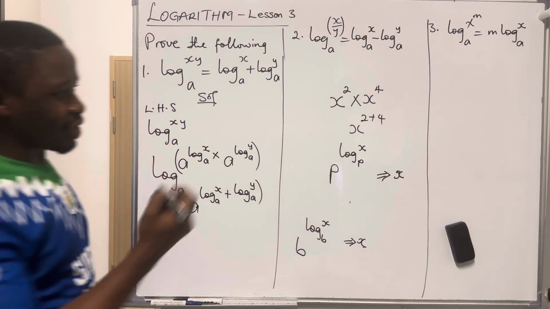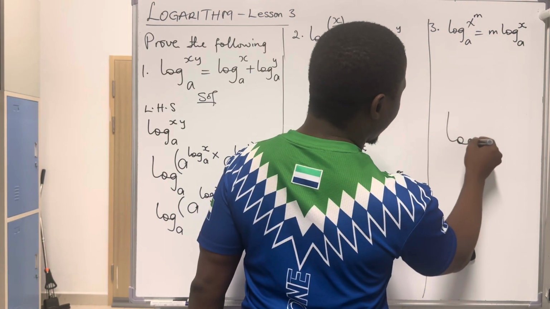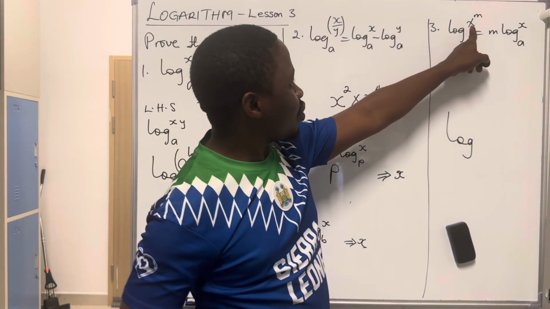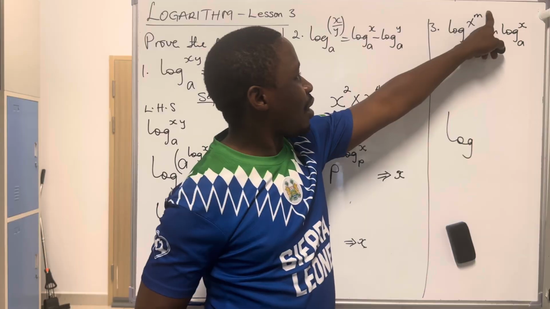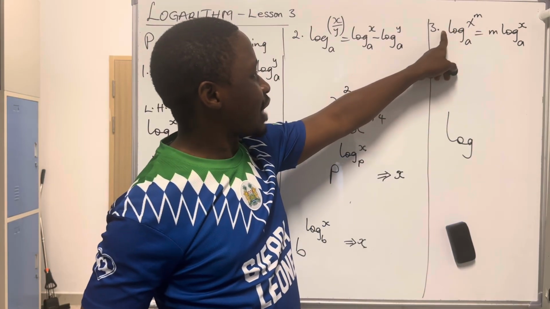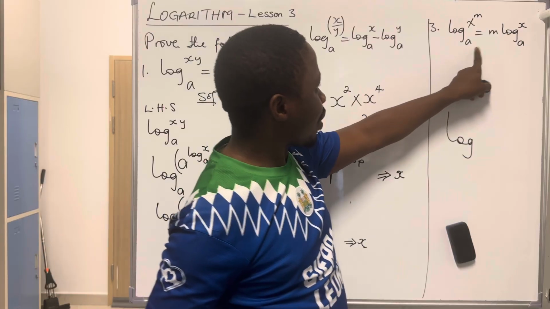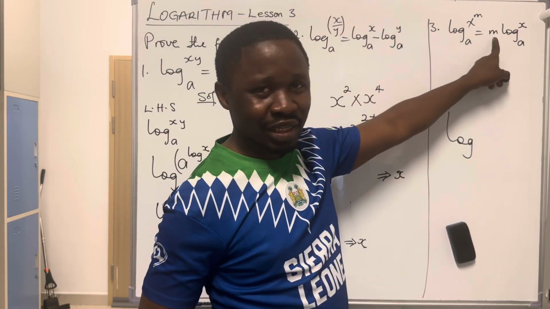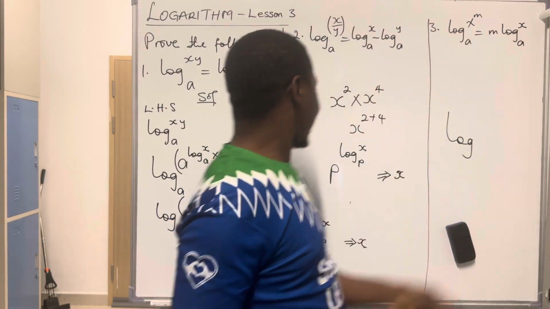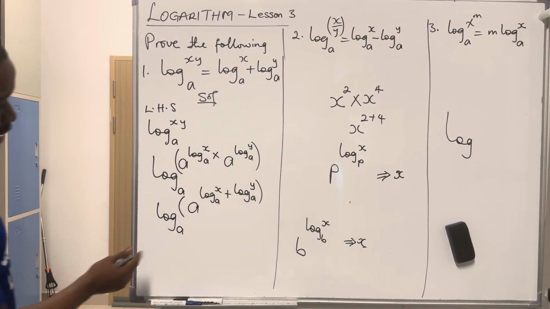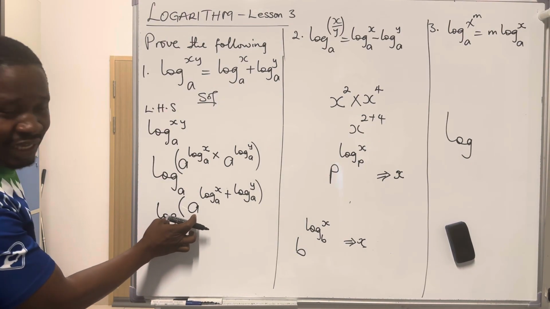Okay, so finally, we go to another law of log that says when the log number has a power, the power goes to the left side of the log. You see, log x to the m base a is equal to m goes to the left: m log x base a. So now let's see here again. The number here is a.